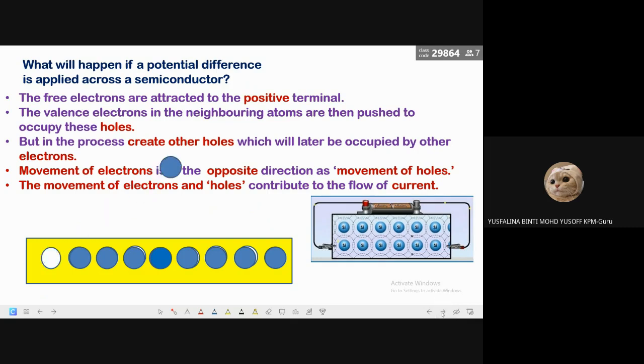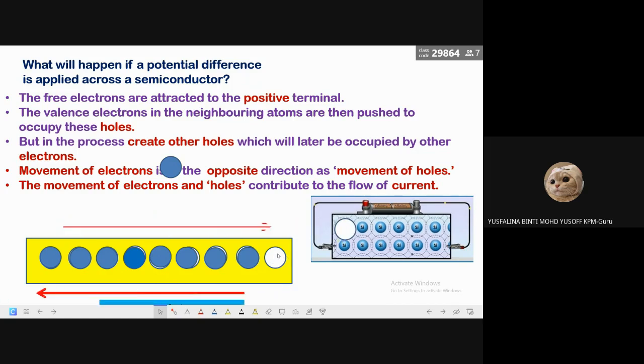Then the valence electron in the neighboring atom is pushed to occupy this hole, so it moves. But in the process it creates other holes, which will later be occupied by other electrons. You can see there's one hole here that is not replaced yet. So this hole will later be occupied by other electrons.